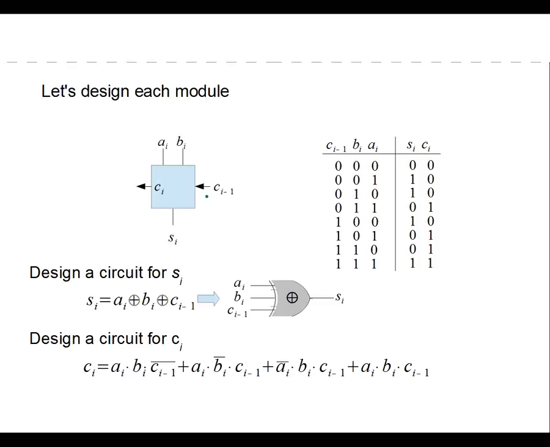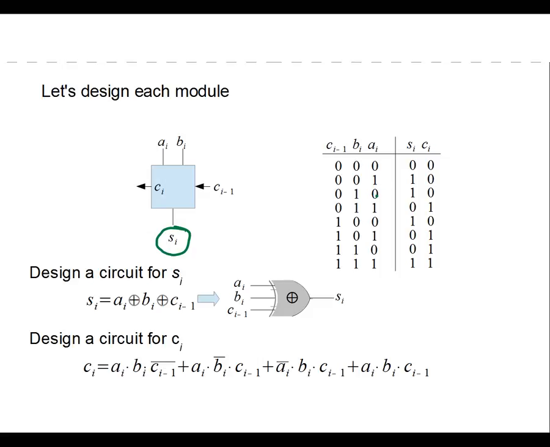This is the carry in from the previous stage. This is the carry out to the next stage. These are the 2 digits we're adding together in this stage, and this is the sum for this stage. So we have 3 inputs: carry in, the A bit and the B bit. We have 2 outputs: the sum for this full adder and the carry out for that full adder.